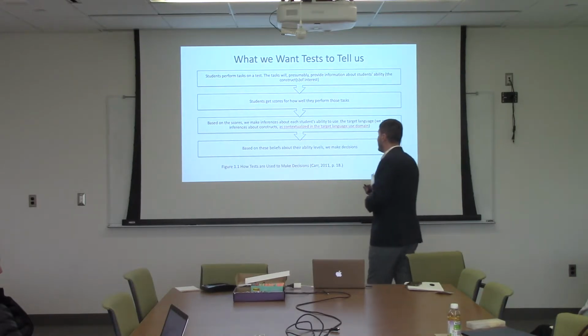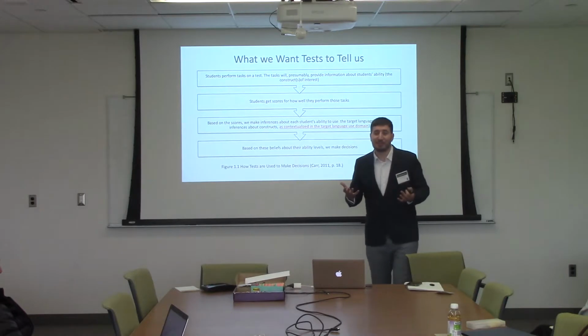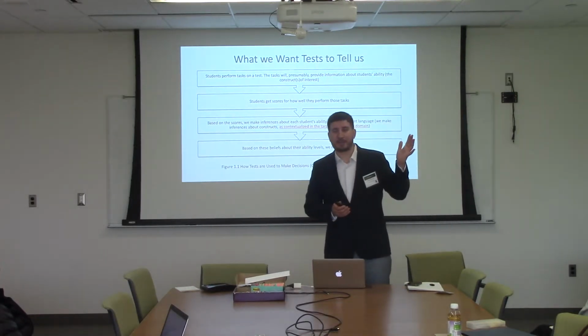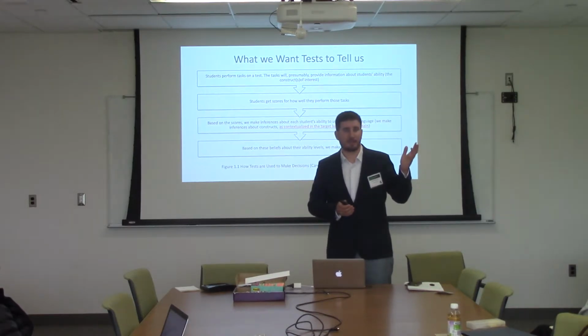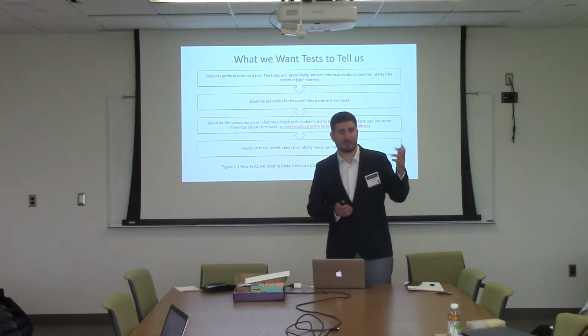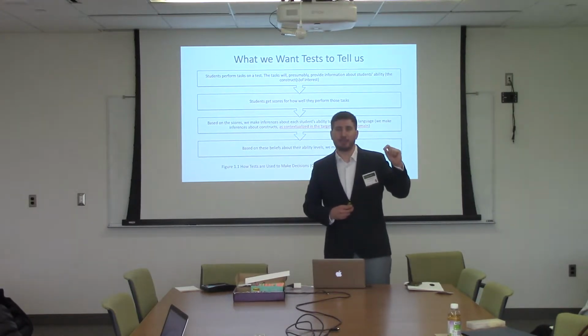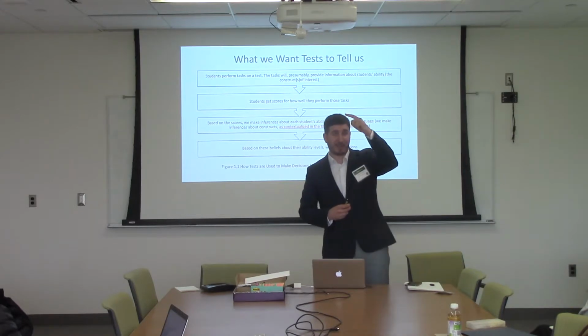Based on these beliefs about their ability, we make decisions. Let's say, how many of you do Fulbright tests in your languages? Fulbright sometimes asks you to do tests, because they're going to decide whether or not these students can speak this language in the target country.